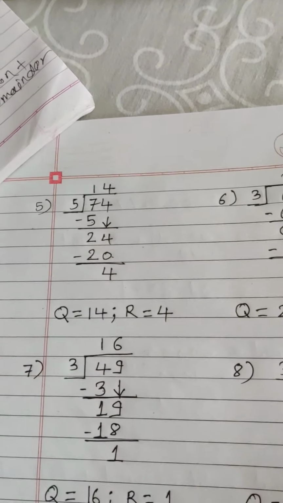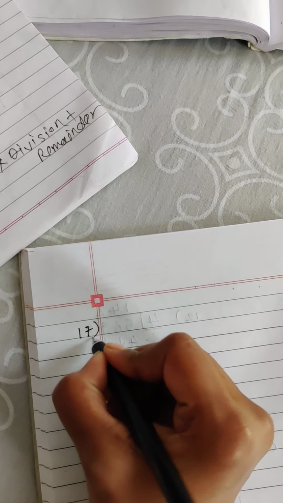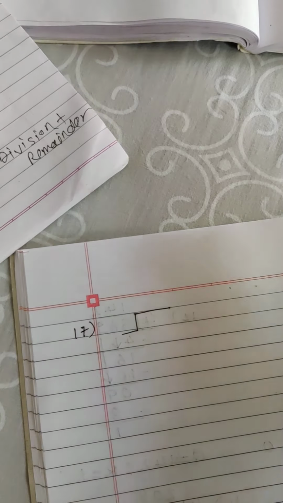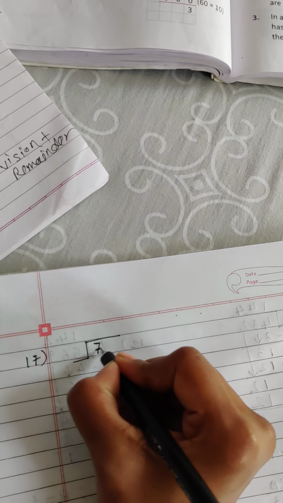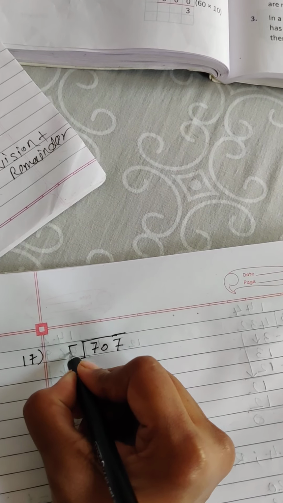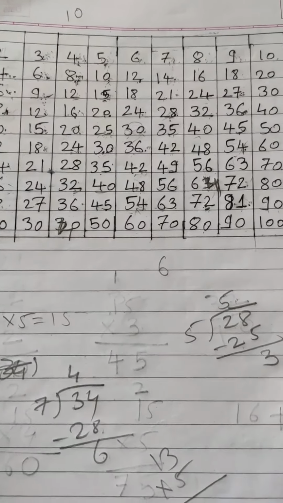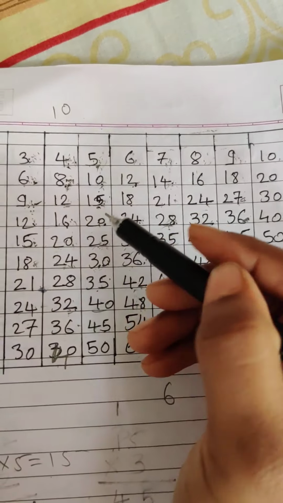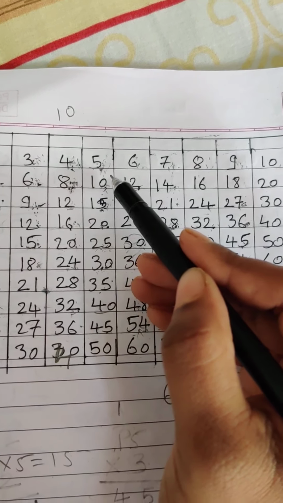Now example number 17. What is example number 17? 707 divided by 5. So now look at the 5 table. In the 5 table, 7 is present. Now what is the nearest value? 5 and 10. But 10 is greater than 7.